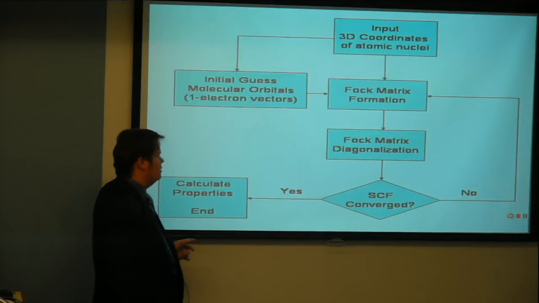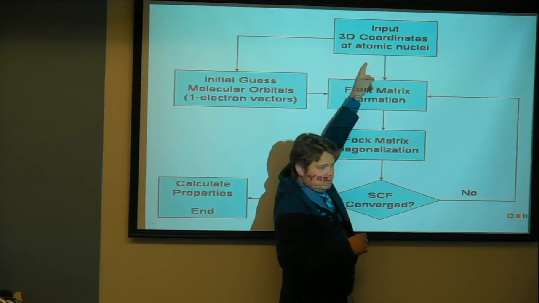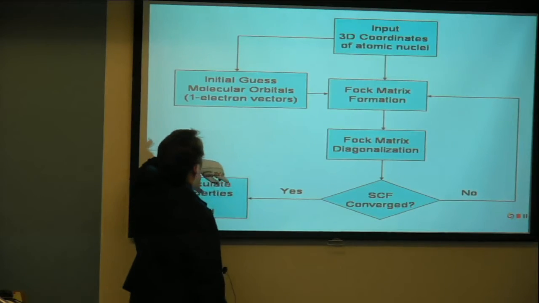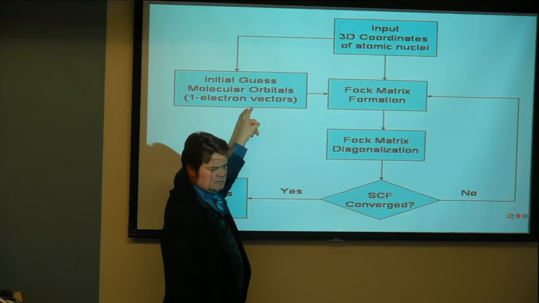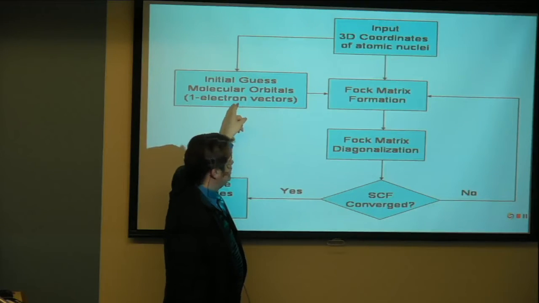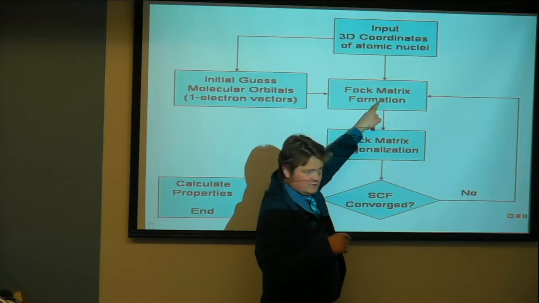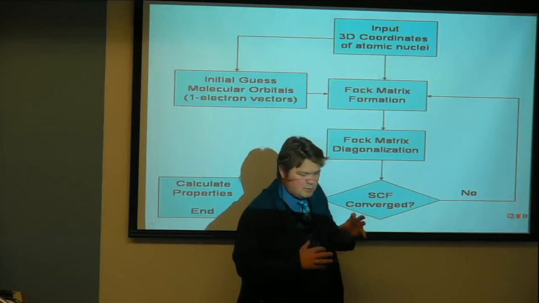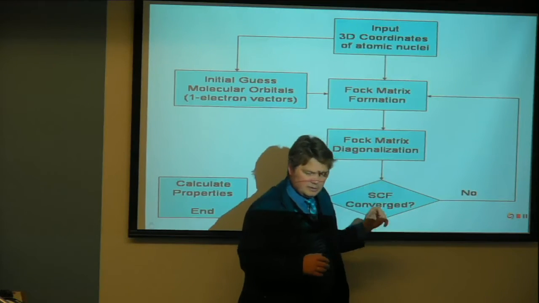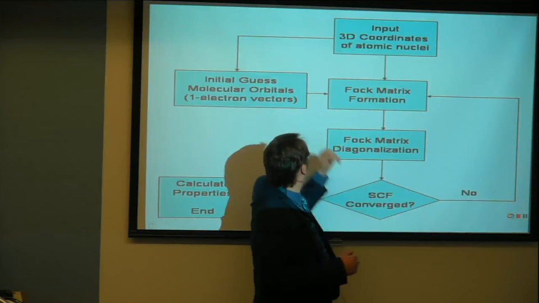Another thing: one starts with positions, with a draw model. Then in order to launch, one needs some even arbitrary expansion coefficients. With these arbitrary coefficients one formulates the Fock matrix, makes the diagonalization, and computes the total energy. And computes new expansion coefficients.